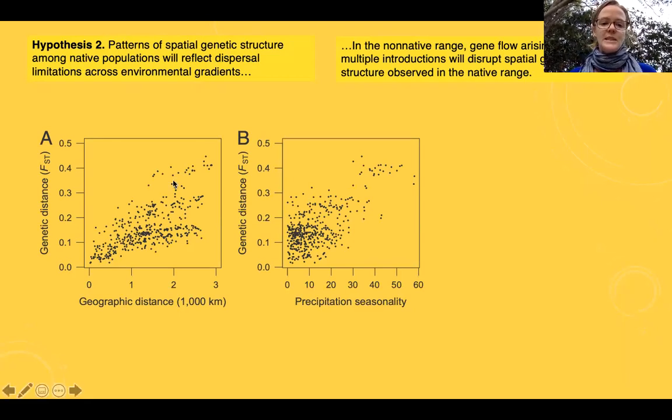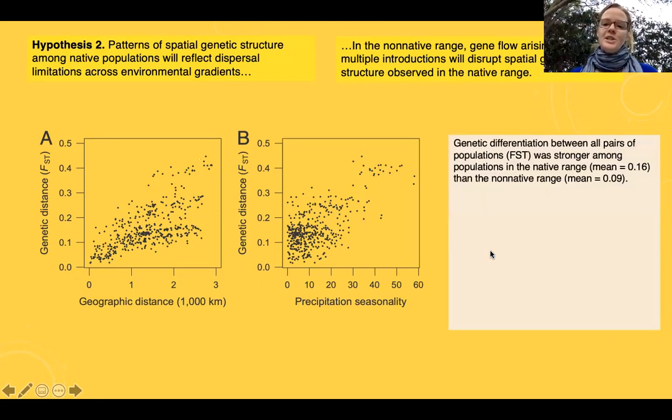So the figure that we're seeing here is data just from pairs of populations within the native range. There's this strong effect of geographic distance, such that populations that are far away are more genetically different to populations close together. So that's the isolation by distance effect. We found an additional effect that was not related to any of the other terms in the model of the seasonality and precipitation.